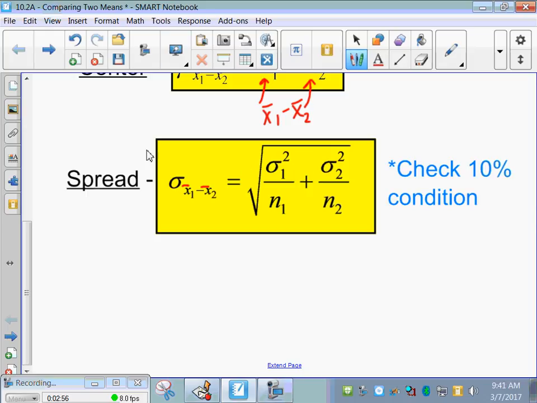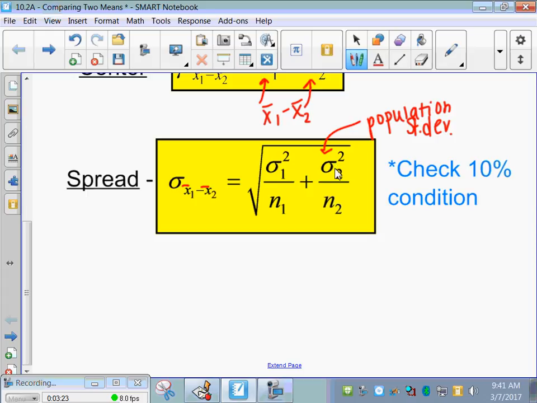So first of all, when you've got sigma, that stands for the population standard deviation. Do we typically know the population standard deviation? No. All right. So anyways, we're going to take our standard deviation and square it and divide by n1, which is the number of our sample.